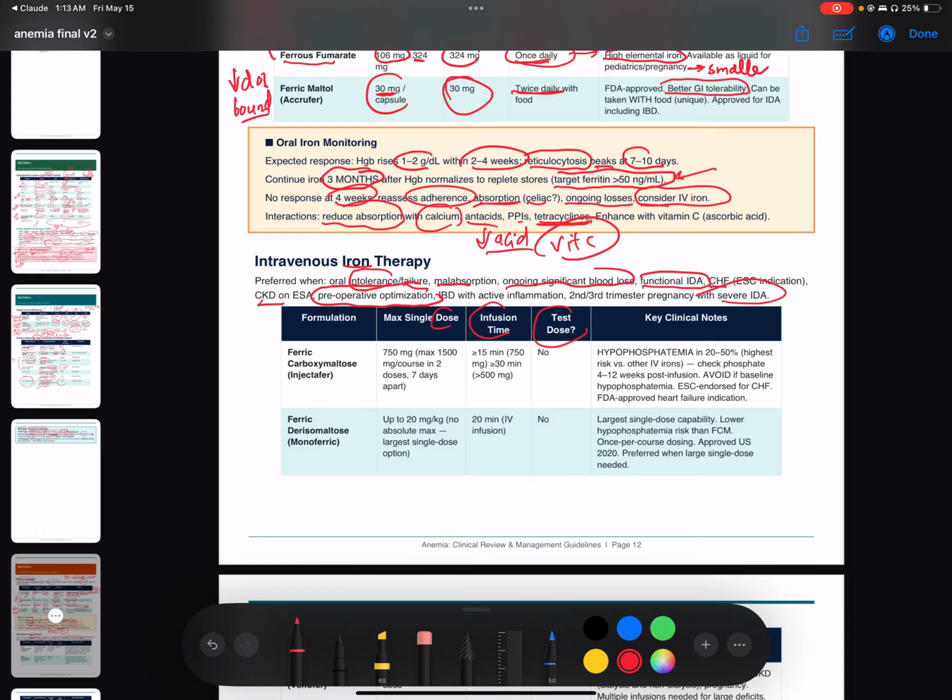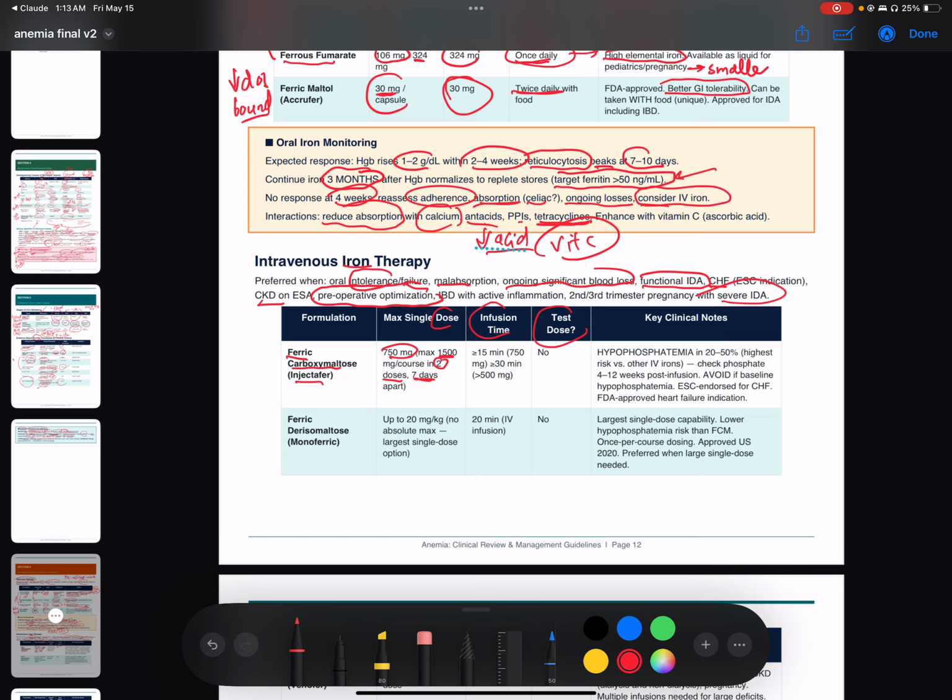So if we start with the first iron, ferric carboxymaltose or Injectafer, the dose is usually 750. The maximum dose will be 1500, and you can give two doses, each dose a week apart.